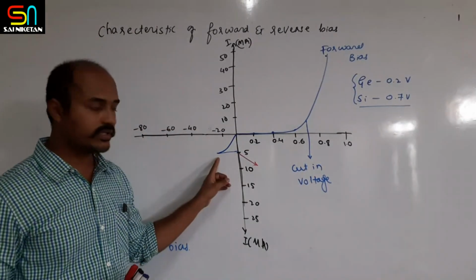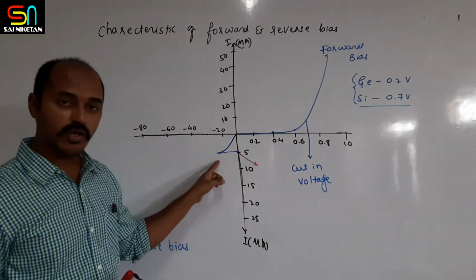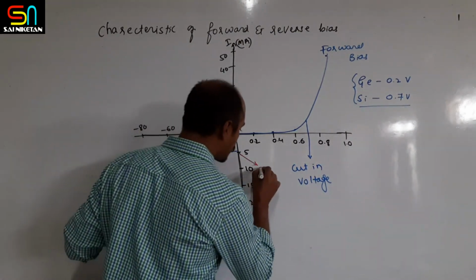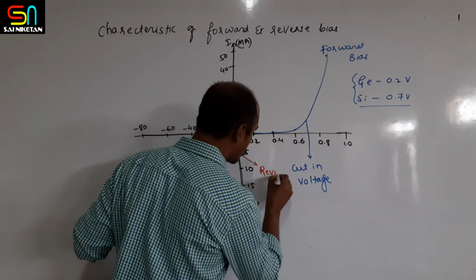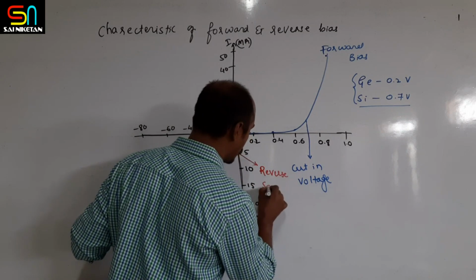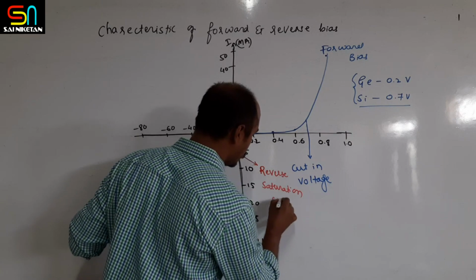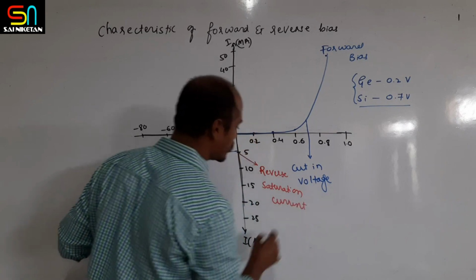So here whatever current is reached because of the minority charge carriers is called the reverse saturation current.